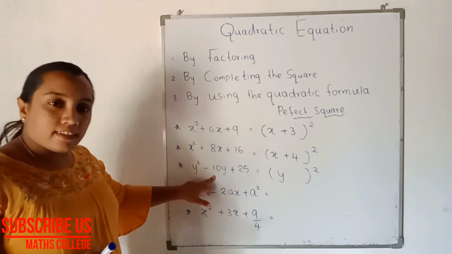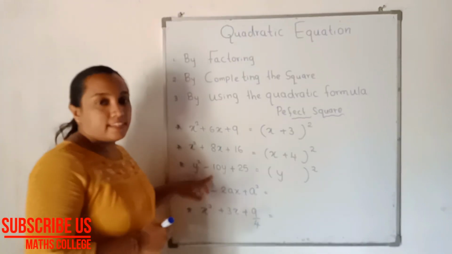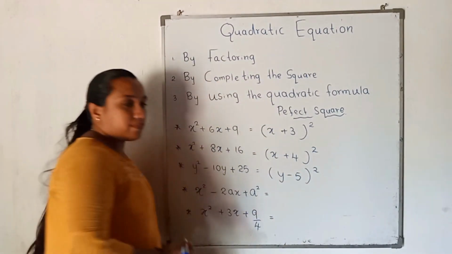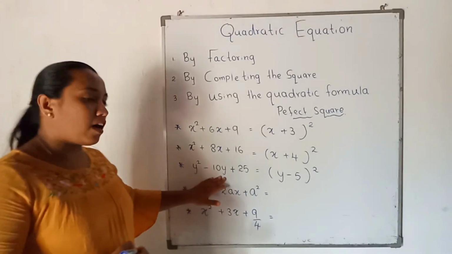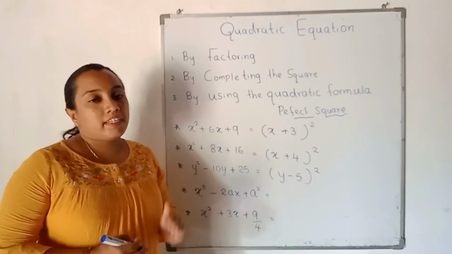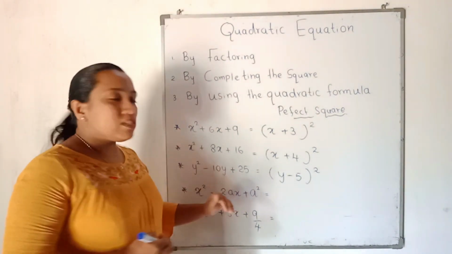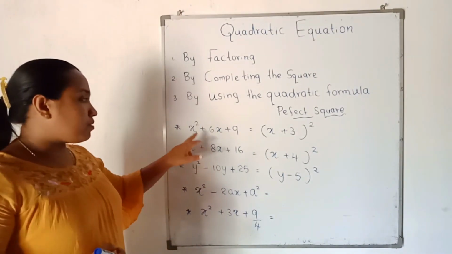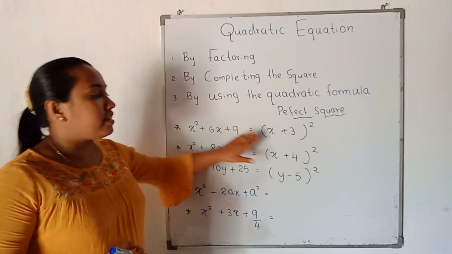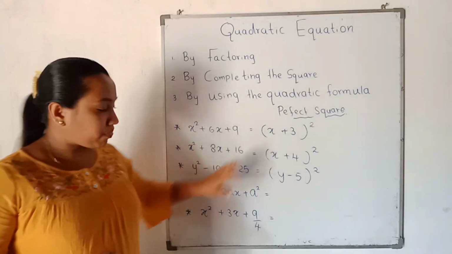Therefore, divided by 2, minus 10 divided by 2 is minus 5. That gives the perfect square of this quadratic expression. When we write the quadratic expression, it has three terms: 1, 2, 3. Then we can write it as a perfect square.